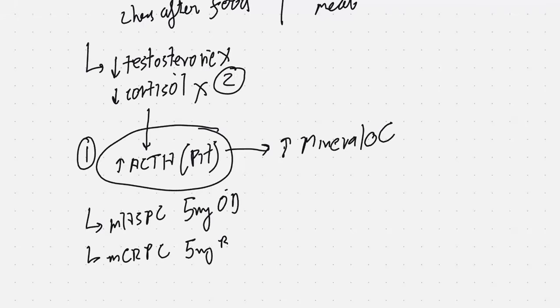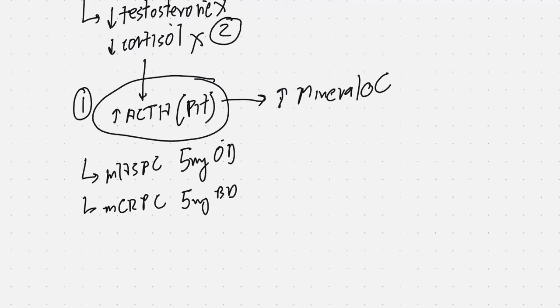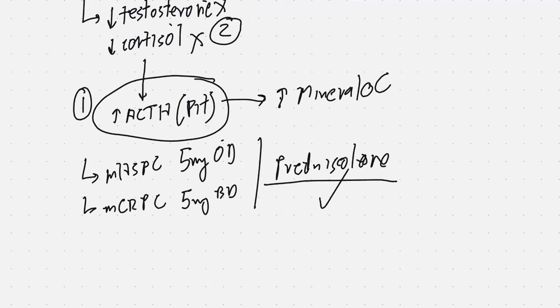So you give 5 mg BD in the castrate resistant metastatic setting, whereas in the hormone sensitive metastatic setting, you give 5 mg OD of prednisolone. Okay. So 5 mg OD of prednisolone or 5 mg BD of prednisolone on a daily basis along with abiraterone.